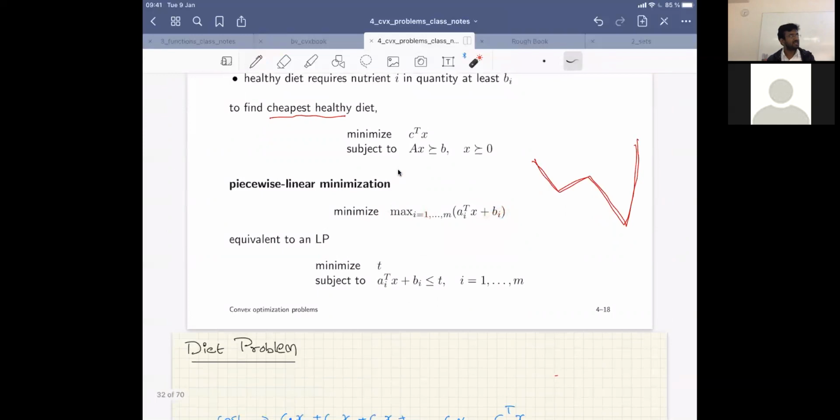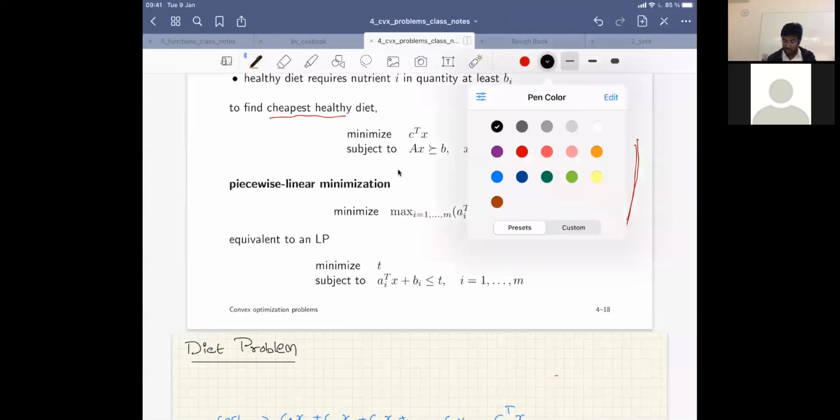Why is this a convex function? No, you cannot do this, because this is not quasi-convex. Quasi-convex optimization can be done only for quasi-convex functions. Okay. Because how do you define an alpha sublevel set?